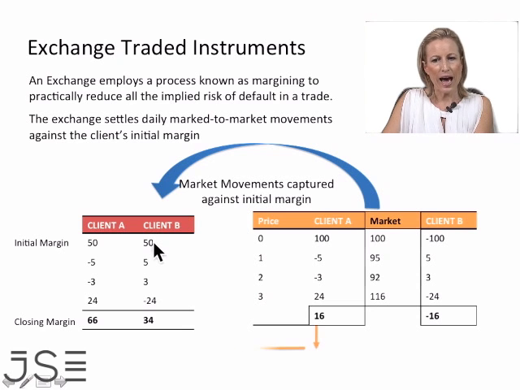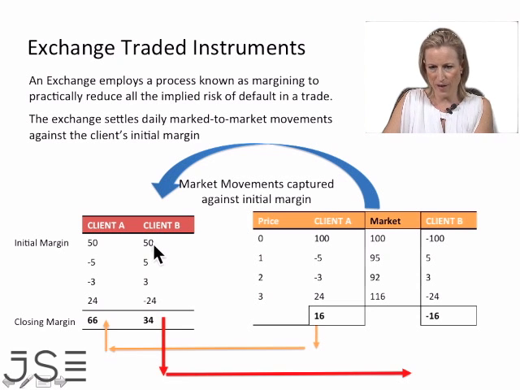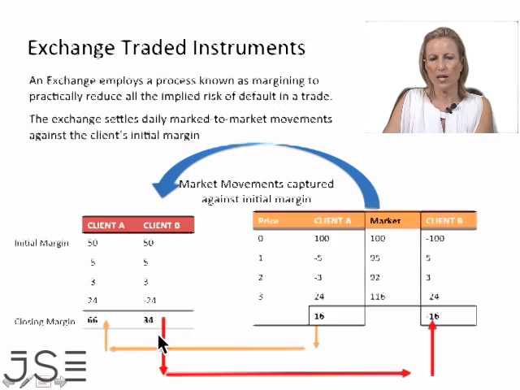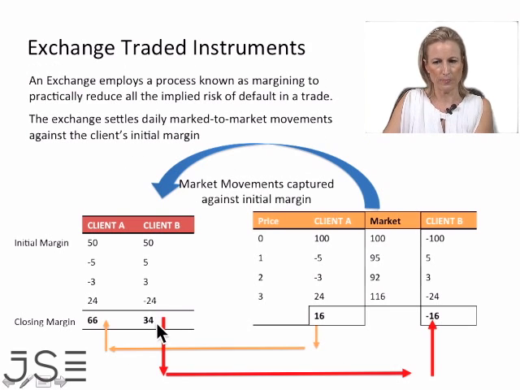Now notice how each of these mark-to-market values are assigned to the initial margin account, and by closing day, client A has 16 higher than the initial margin, and client B 16 lower. It is by this process, this margining process, that the exchanges are able to eliminate default risk.